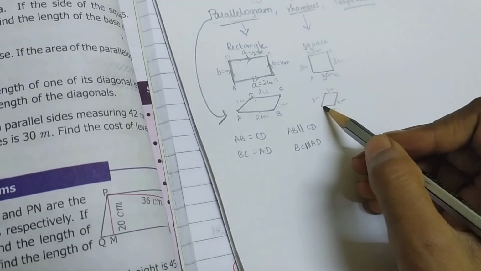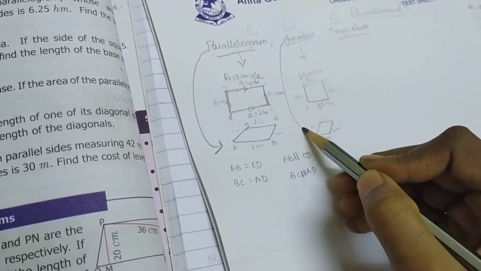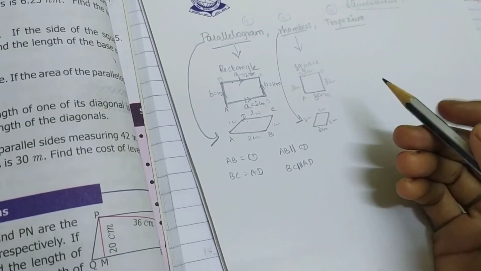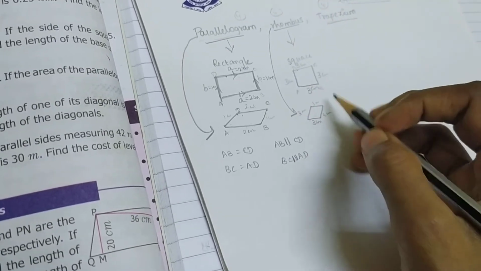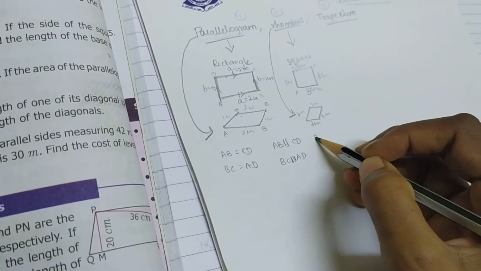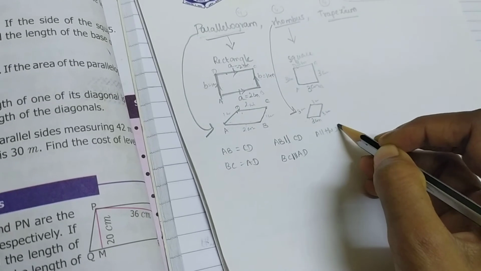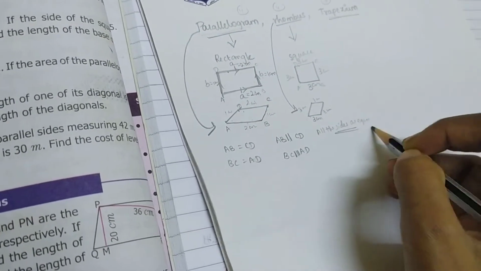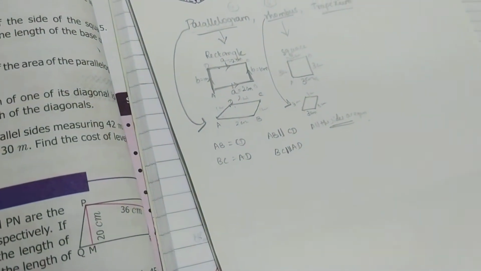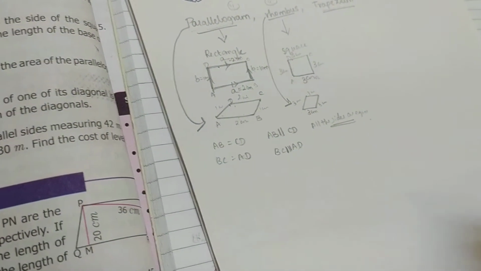This is called a rhombus. All the sides are equal. That's it.